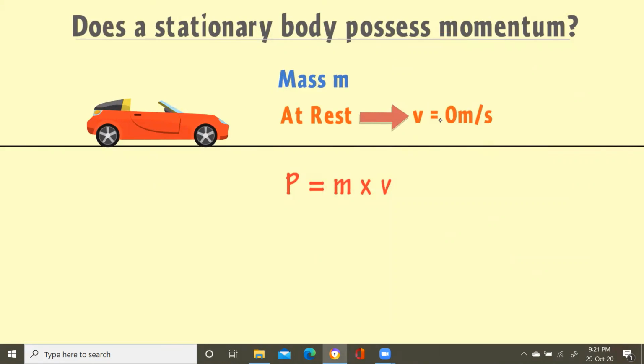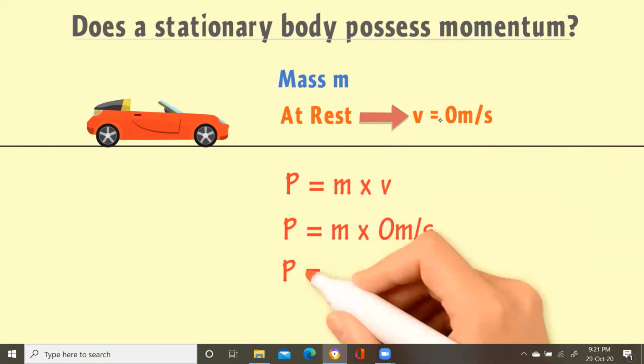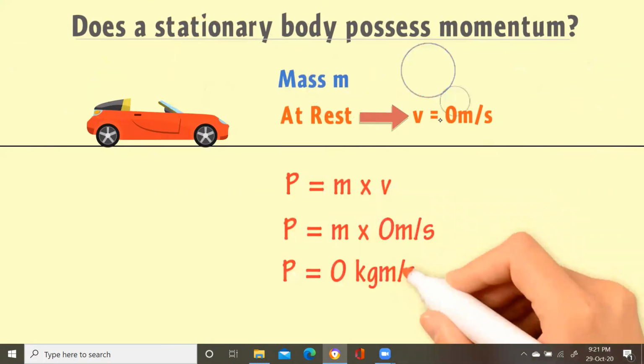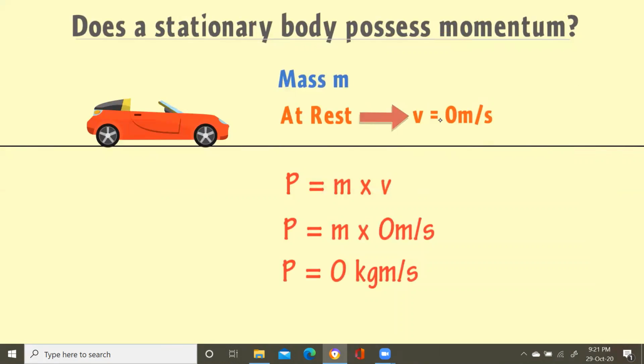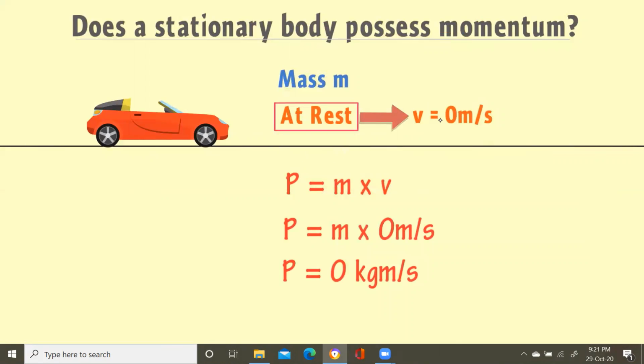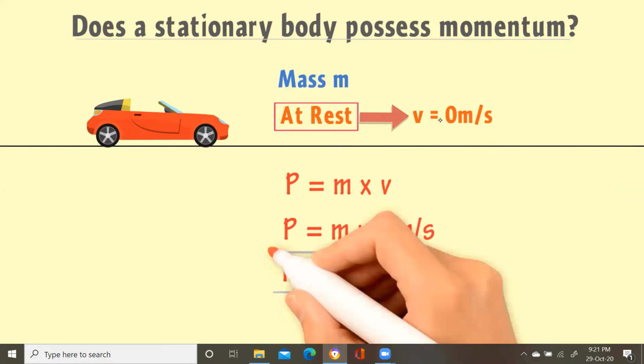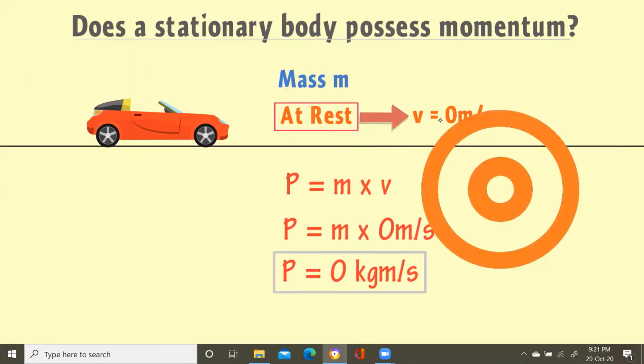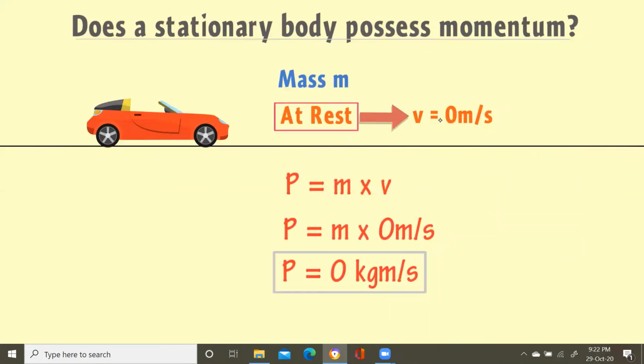Thus, P is equal to m times 0, or P is equal to 0 kg meter per second. It shows that if an object is at rest, its momentum P would be 0. Or we can say that the momentum P of an object would be 0 if the body is at rest.